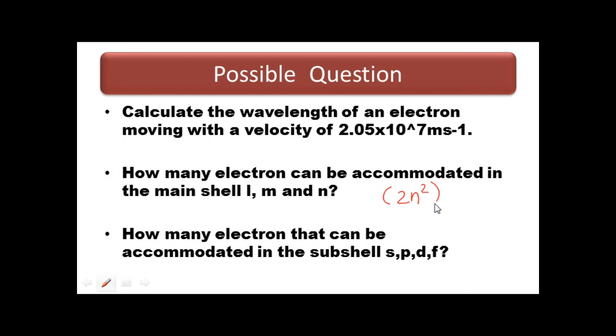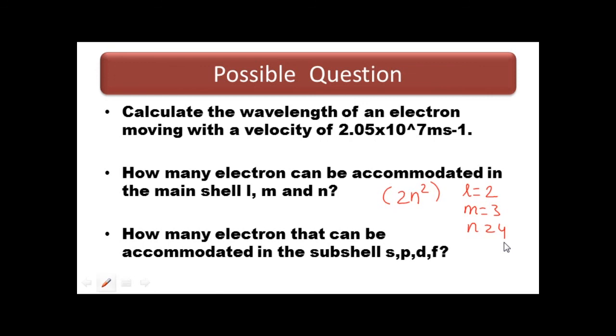Already know what is the L value, what is the M value, what is the N value. So L shell means 2, M is the third shell, N is the fourth shell. Okay, we can apply the formula. So we can get the number of electrons in the main shell.